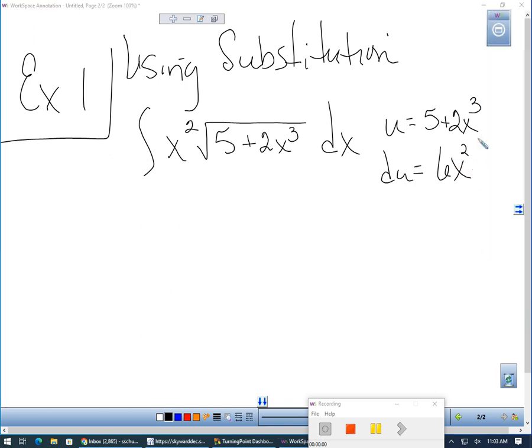All right, so you'll see I have the x squared and the dx, but I don't like that 6 in front. That 6 doesn't work for me. So in order to get this to match what I have in my integral, I'm going to have to divide both sides by 6.